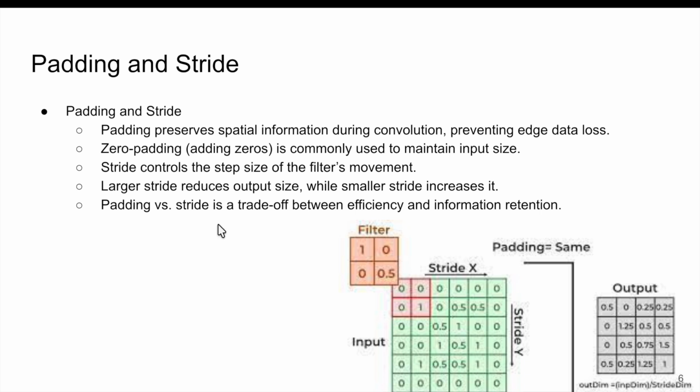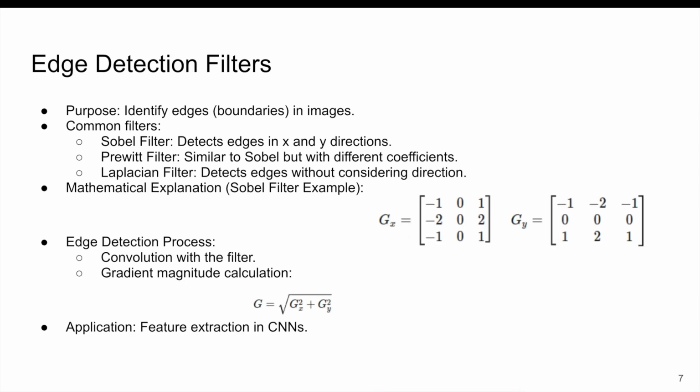But stride is how many blocks you move ahead at a time. If you are moving one block at a time, then the stride is 1, and if you increase the stride, the efficiency will decrease, and the information retained will also decrease.